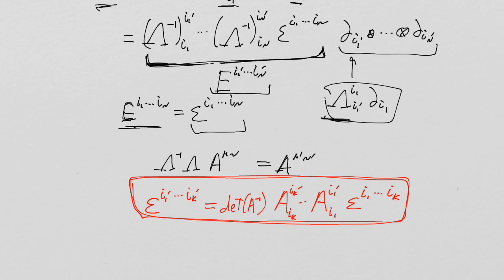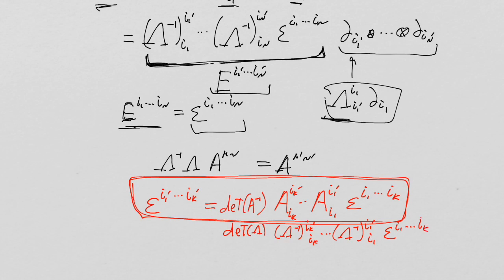So what would it be? It would be, well, okay, so det A, this would be det lambda, and these guys would be lambda inverse I k prime, I k, dot dot dot, lambda inverse I1 prime I1, Levi-Civita I1 dot dot dot to IK, like that.